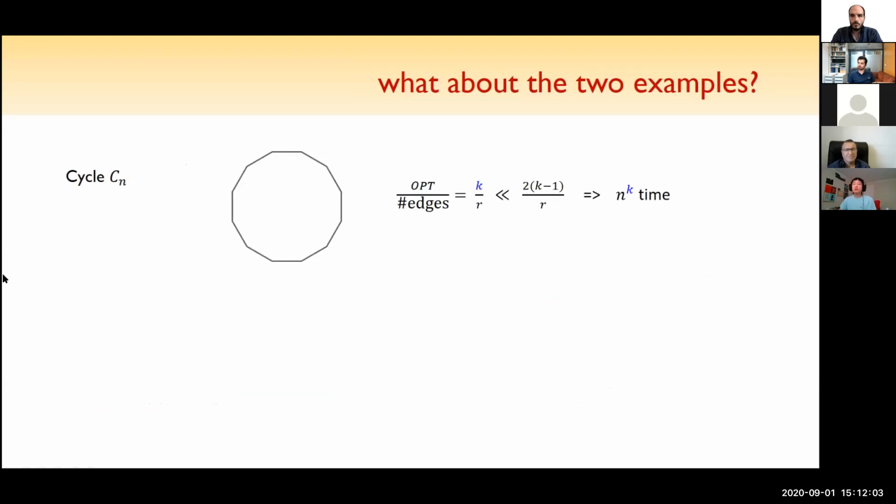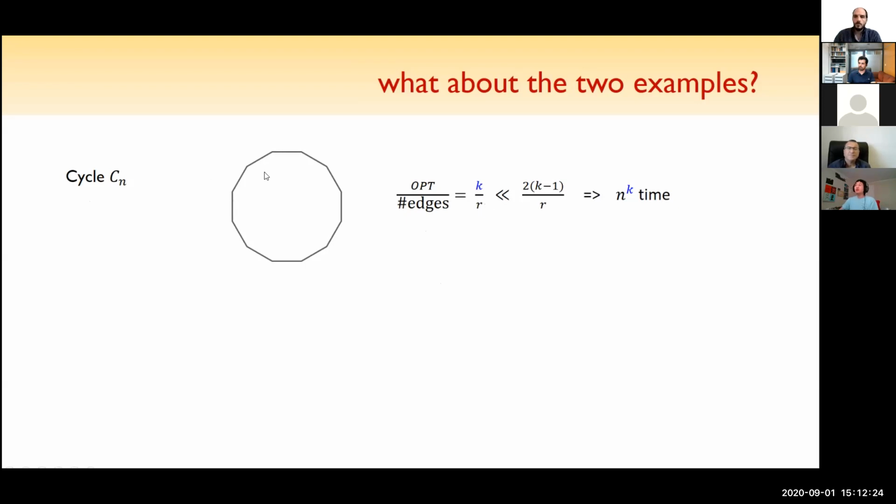Now, how do we improve the analysis? Let's first revisit the analysis on the two graph examples we considered, the cycle and the clique. For the cycle, the nice thing is opt over the number of edges is always k over r when there are r vertices remaining.